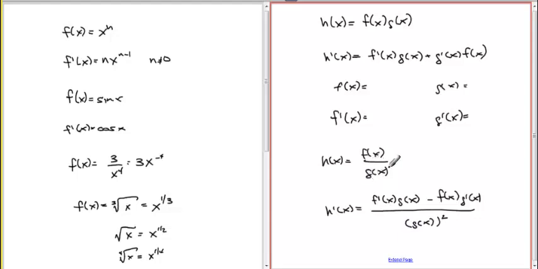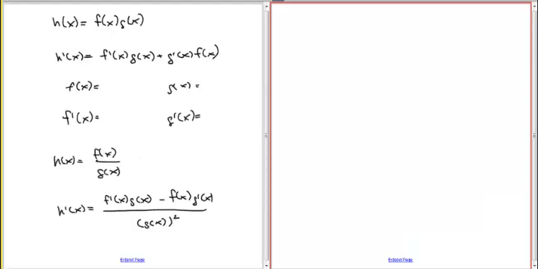So again, if you see something like this, then you need to identify the numerator as f of x and the denominator as g of x, and then list them, take the derivatives, then plug it into the formula. And you should be able to do some simplifying, but you don't want to go crazy with the simplifying, or you can waste too much time. So those are the product and the quotient rules.